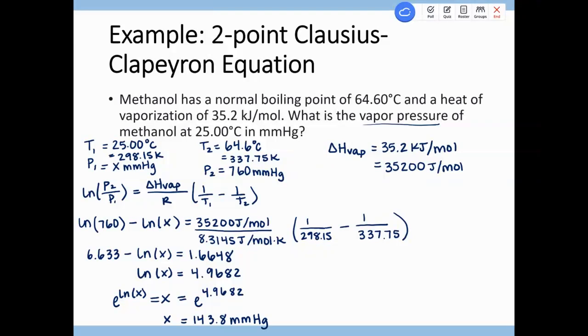If, for example, we said normal boiling point means that occurs at a pressure of 1 atmosphere, and we said P2 is equal to 1 atmosphere, that's equal to 760 millimeters of mercury, we would get some value, but then to report it in millimeters of mercury, you need to convert that atmosphere value to millimeters of mercury.